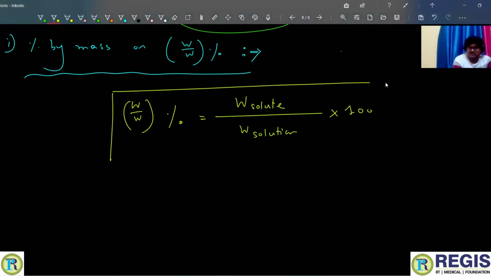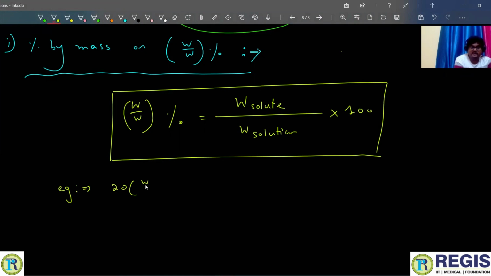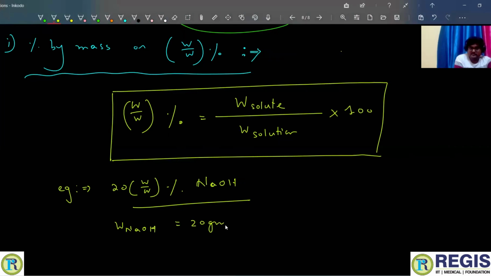So, giving you just one example. Suppose 20 weight by weight percent NaOH. What is the meaning of that? We can write 20 gram of NaOH dissolved in 100 gram of solution. So the weight of NaOH, which is solute, is 20 gram.